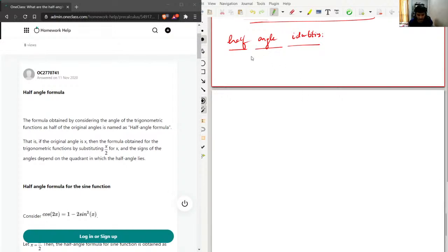So I already told you the formula for sine 2x, which is 2 sine x cosine x. What we'll be doing is putting x equal to x over 2.